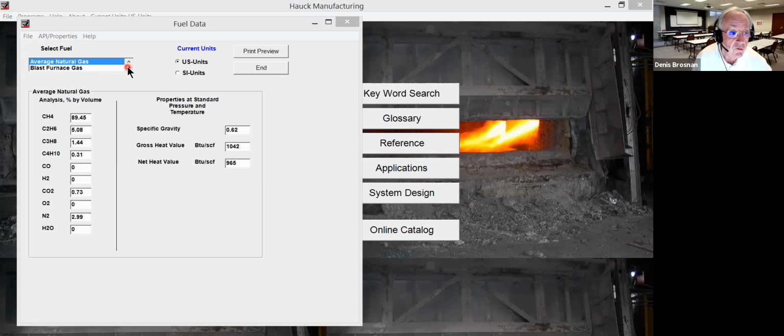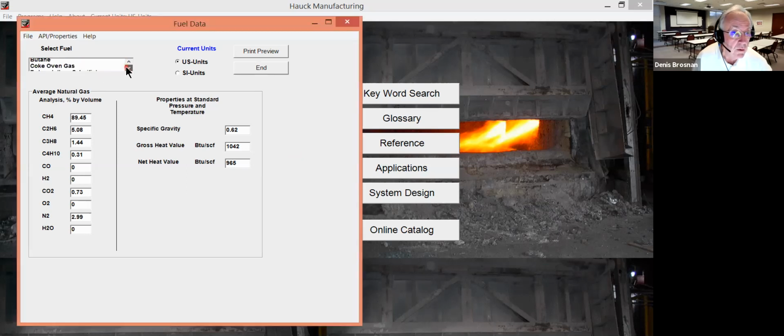Now let's scroll down a little bit. You can find other gases, specific natural gases. For example, when I lived in Ohio, I bought natural gas from East Ohio. East Ohio is the name of the gas company. And here we had a little bit different composition and a little bit different calorific value, net heat released in the gas, a little different specific gravity.